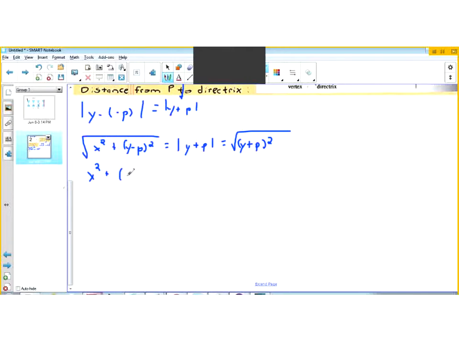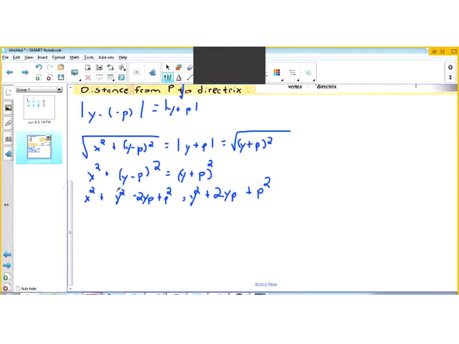All right, so if we were to simplify this expression, squaring both sides, we would have x squared plus quantity y minus P squared is equal to quantity y plus P squared. Then we can expand the squares on both sides: x squared plus y squared minus 2yp plus p squared is equal to y squared plus 2yp plus p squared.